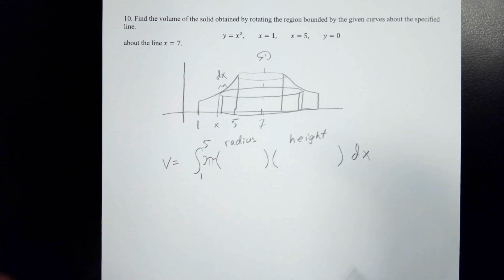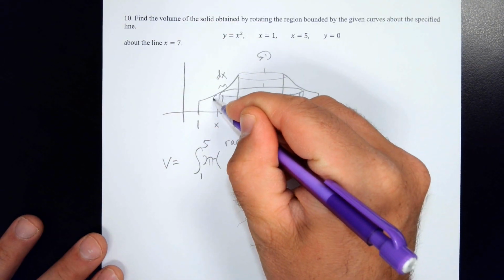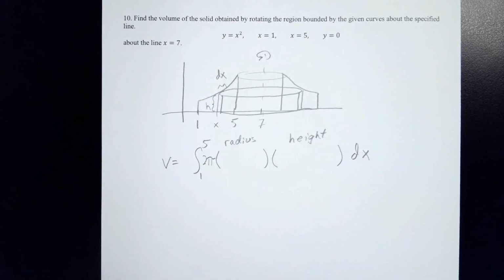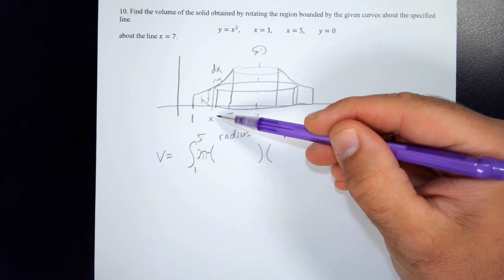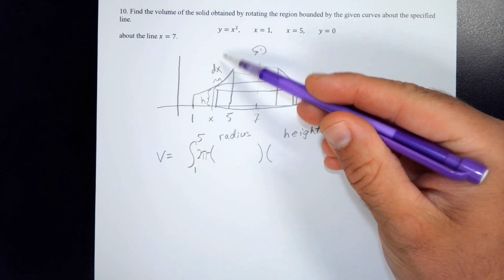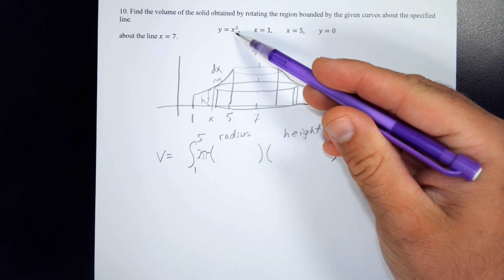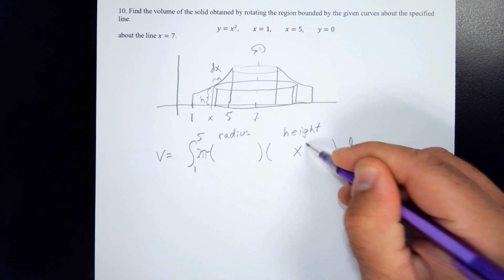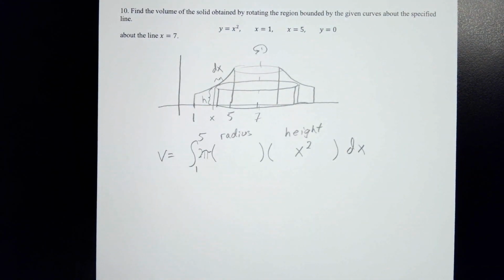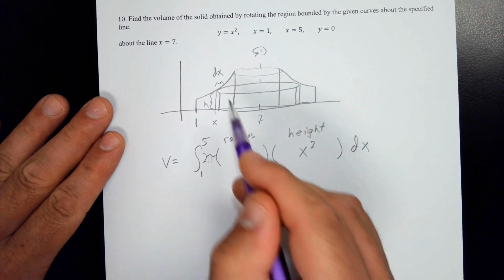Now the height is this distance right here. This is the height. Now that is definitely a y distance. If x is right here, the height of that is x squared. That's y equals x squared. That's the height to that parabola. So that one's not too hard. The radius is a little bit more challenging.